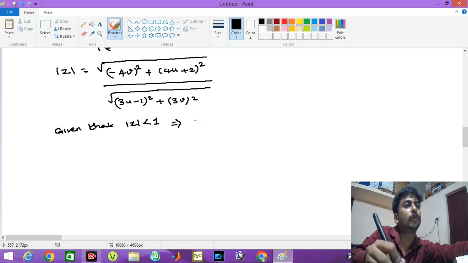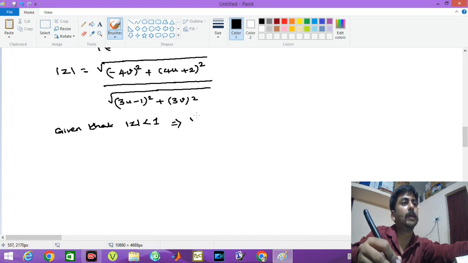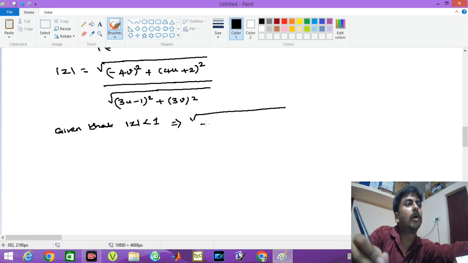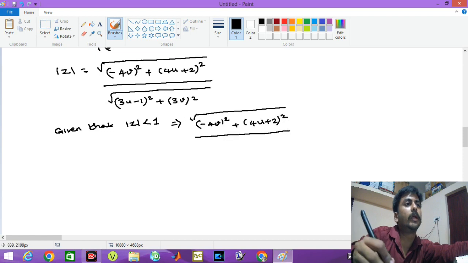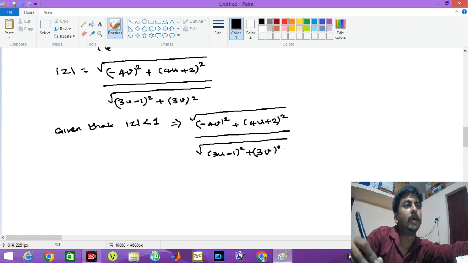So it implies square root of minus 4v the whole square plus 4u plus 2 the whole square, divided by square root of 3u minus 1 the whole square plus 3v the whole square, is less than 1.